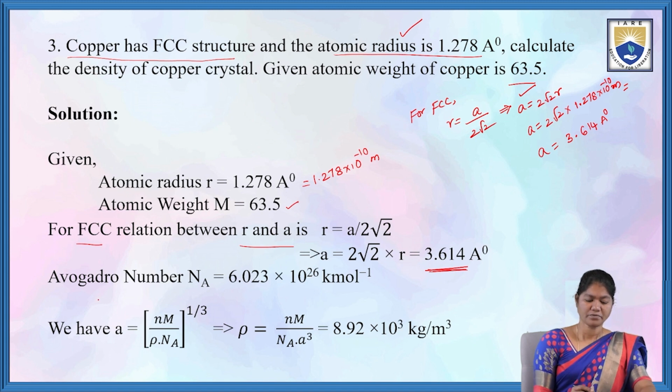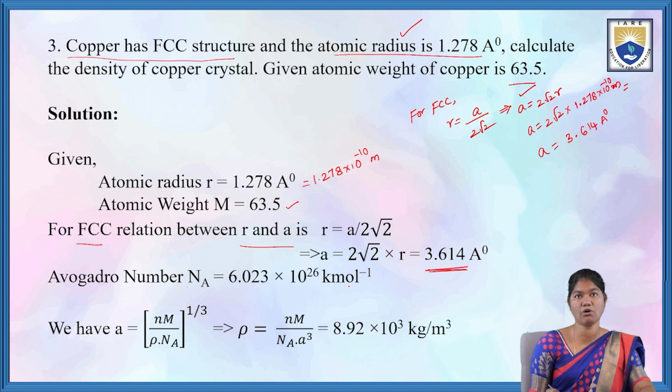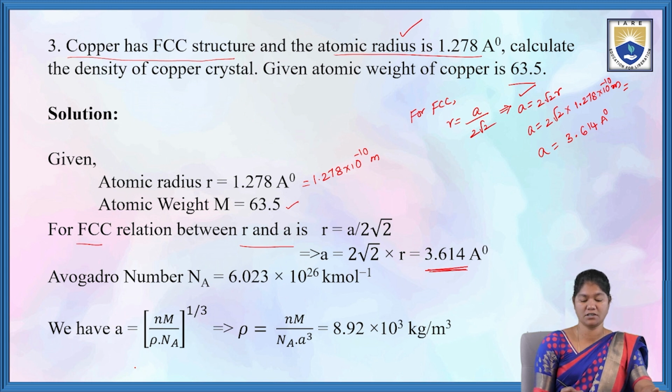And Avogadro's number Na is equal to 6.023 into 10 power 26 per kilomole. Now we have A, the lattice parameter, equal to (nM by rho Na) whole power 1 by 3.